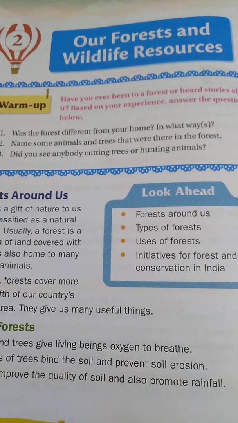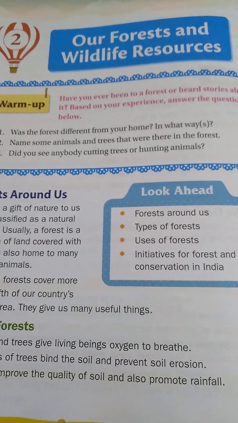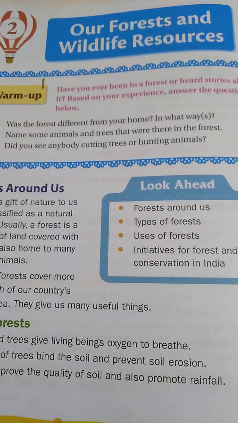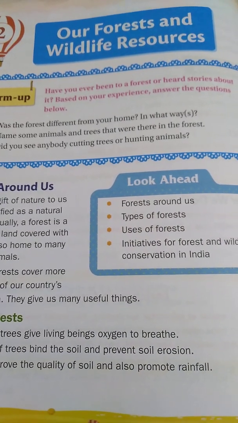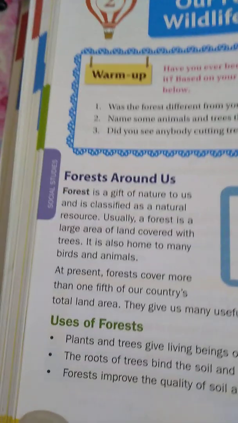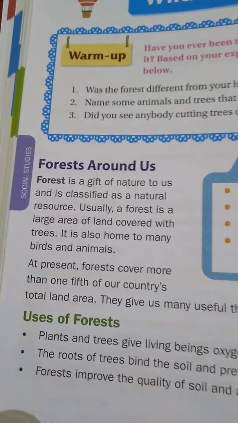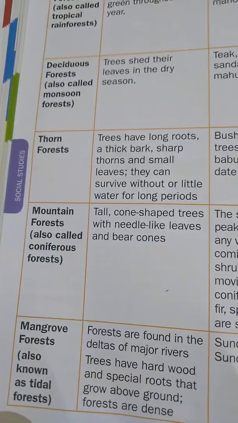Today I am going to continue your second lesson, our forest and wildlife resources. Children, in our previous class we learned about the forest around us, the uses of forest, and types of forest, right? And what are the types of forest?